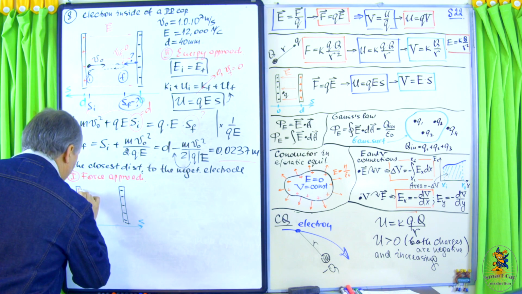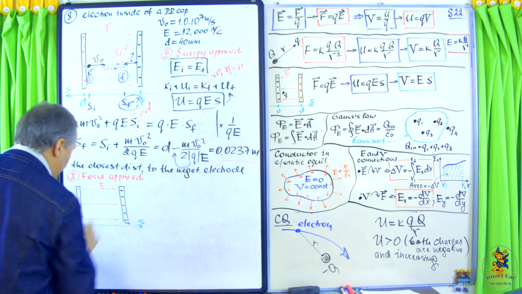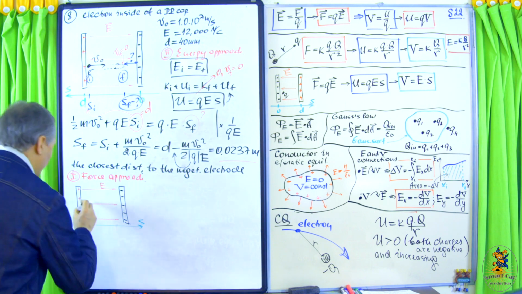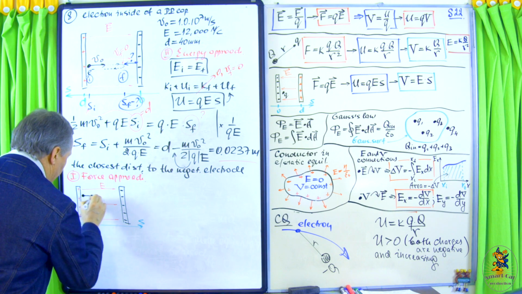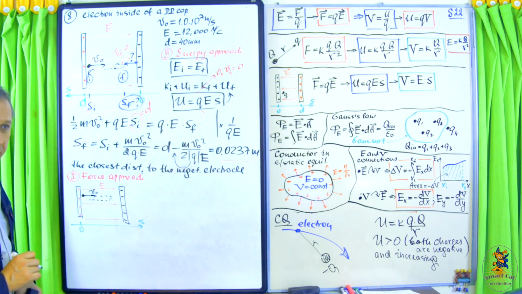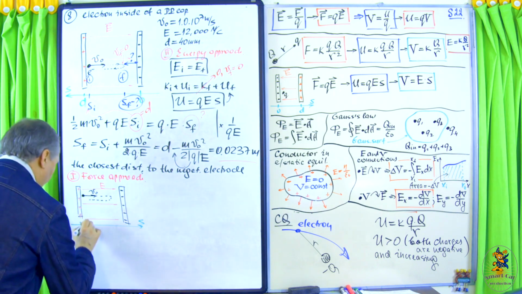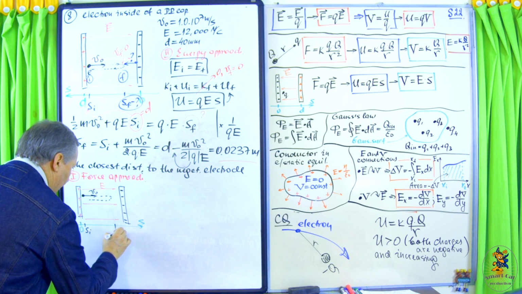So now, of course, I can draw the electric field, right? And again, the same trajectory will be. So first it will travel this way, then it stops, and it will move in the opposite direction. So this will be my S initial still. This will be my S final.